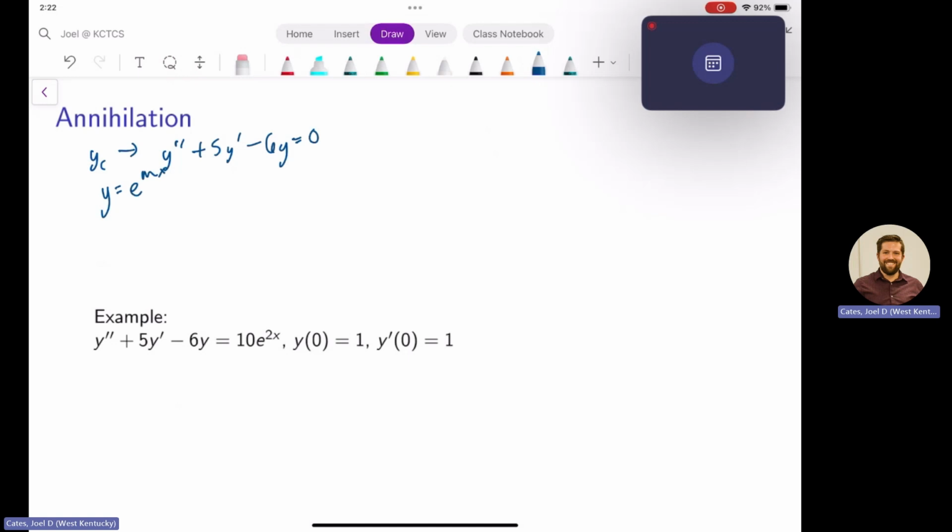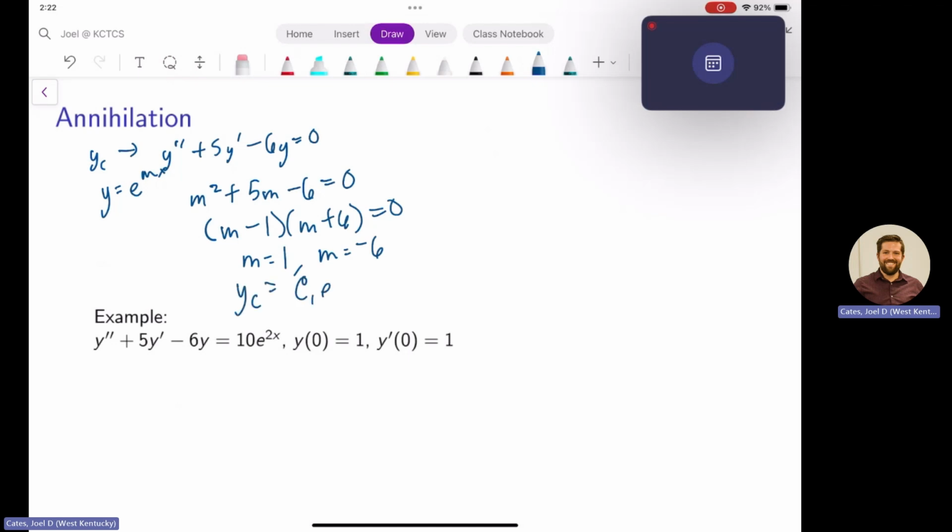With this, we end up with the auxiliary equation that looks like m squared plus 5m minus 6 is equal to 0. That thing factors as m minus 1 times m plus 6 equals 0. So m is 1 and m is negative 6. My complementary solution looks like c sub 1 e to the x plus c sub 2 e to the minus 6x.